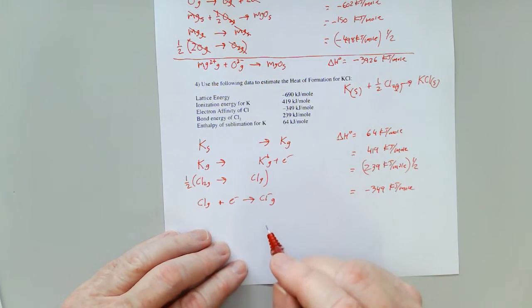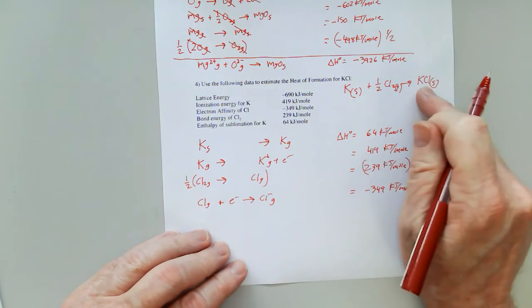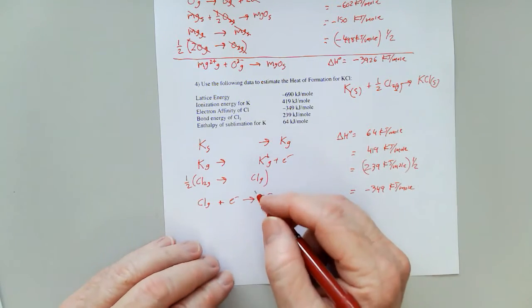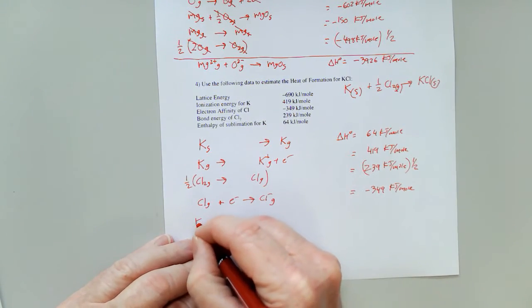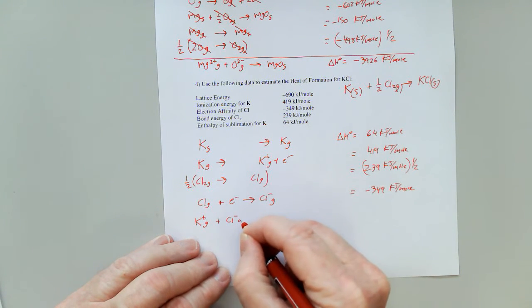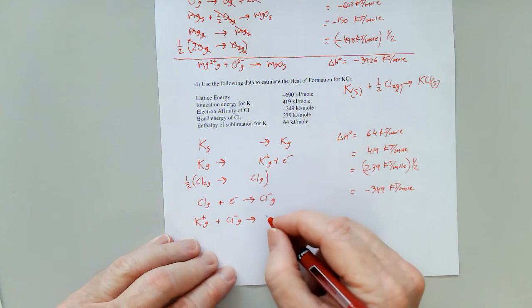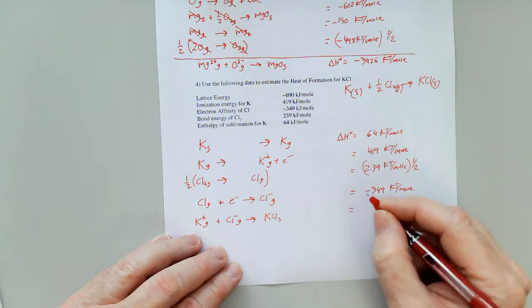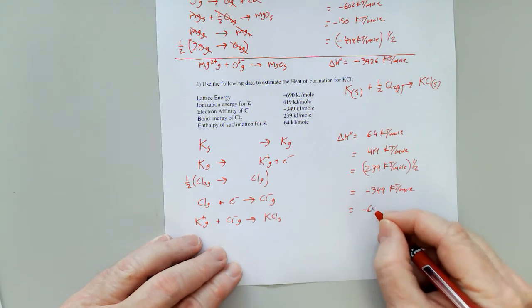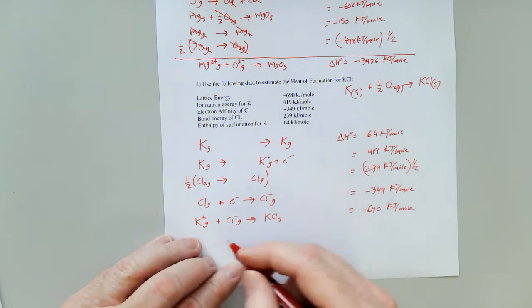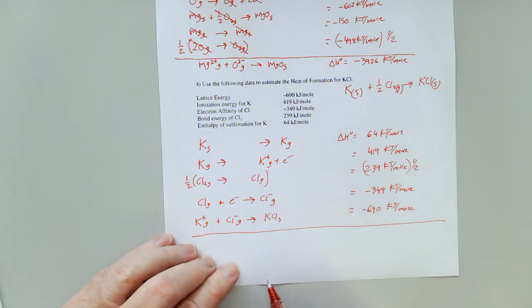Now, the last thing that I have, which I need to use to get KCl here, that is the lattice energy. And the lattice energy is K+ gas plus Cl- gas gives me KCl solid. That lattice energy is negative 690 kilojoules per mole. I didn't reverse it, so I don't have to change the sign or anything.